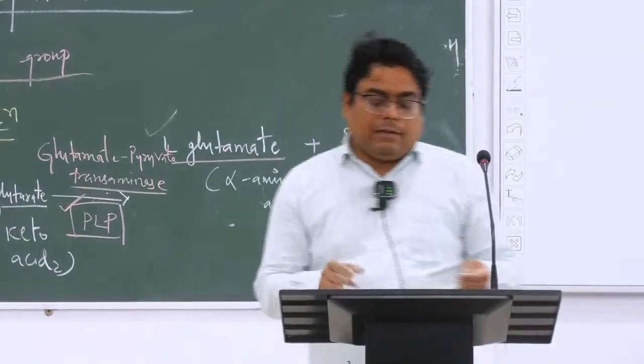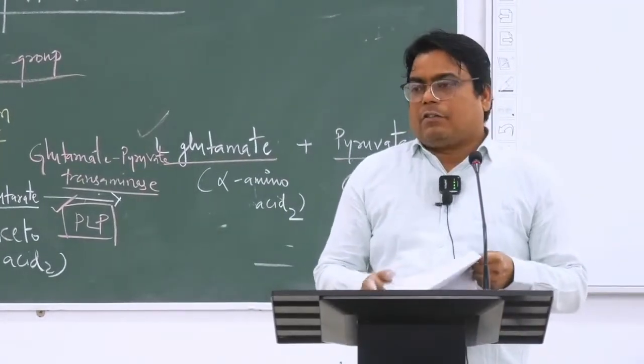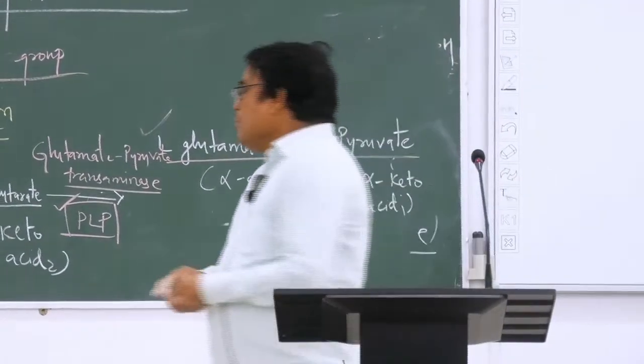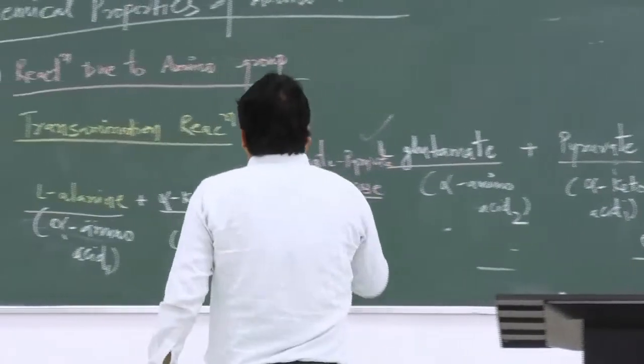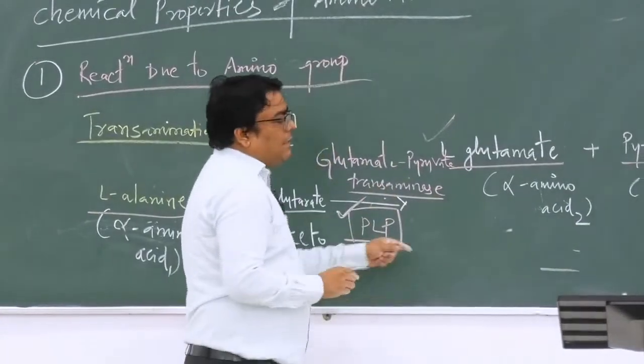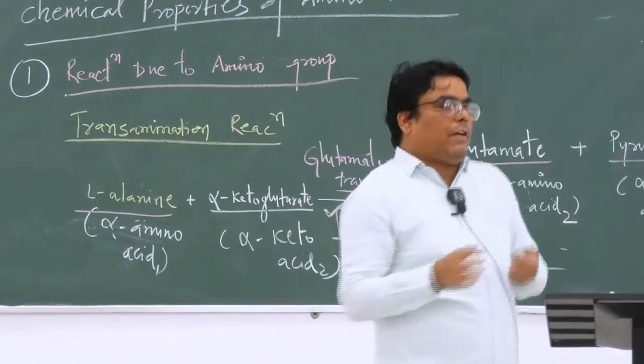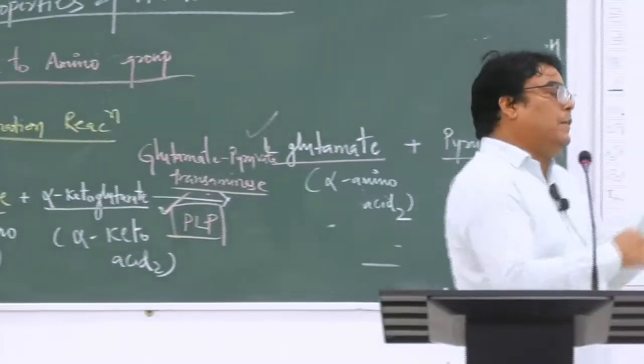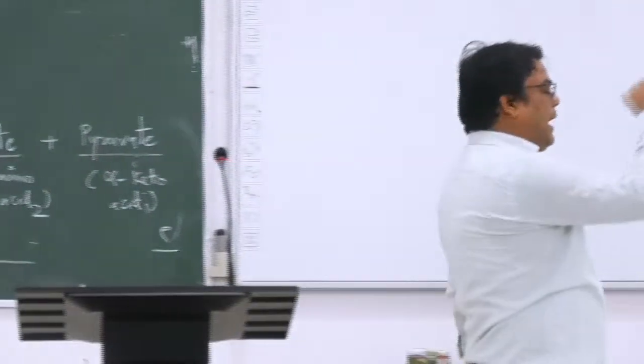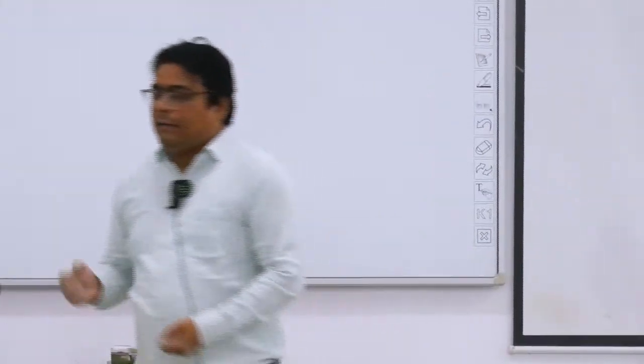Okay, so don't worry. So these are the transamination reactions: transfer of the amino group from the alpha amino acid to the alpha keto acid, forming another product.